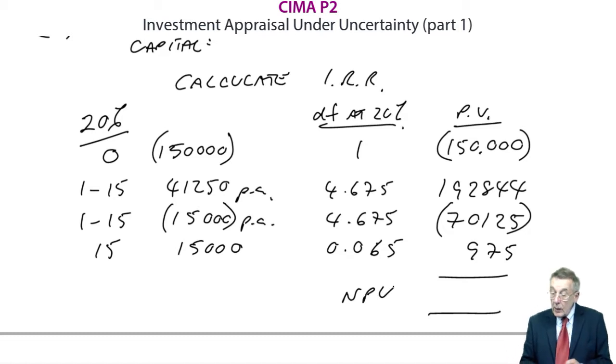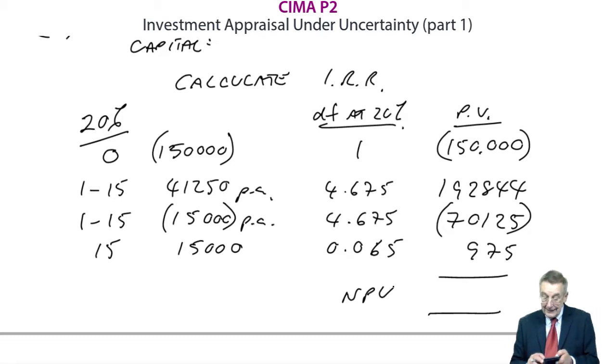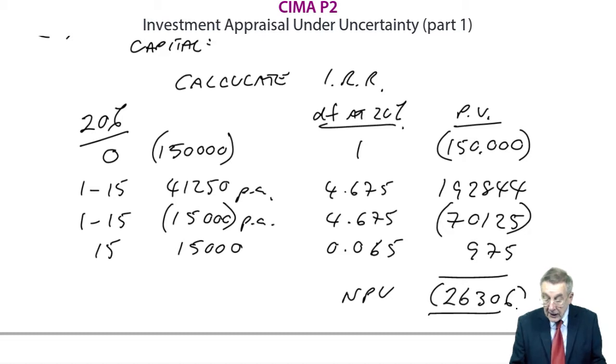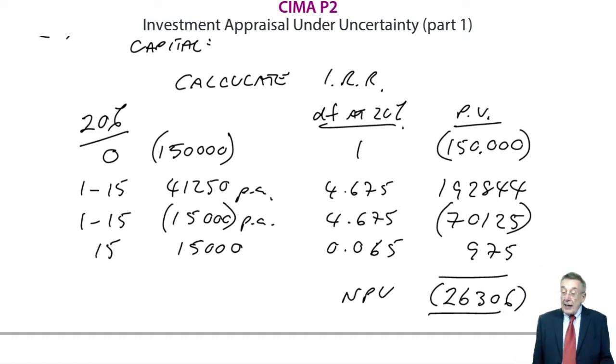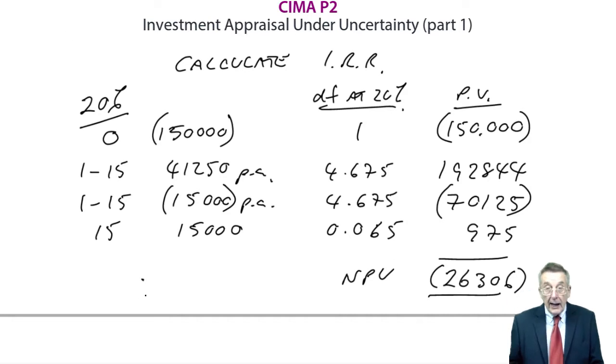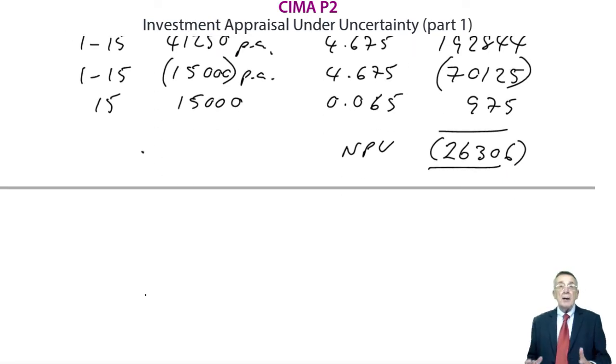So the NPV at 20%, I get a negative 26,306. It's less, obviously, as I would expect, with a higher interest rate.